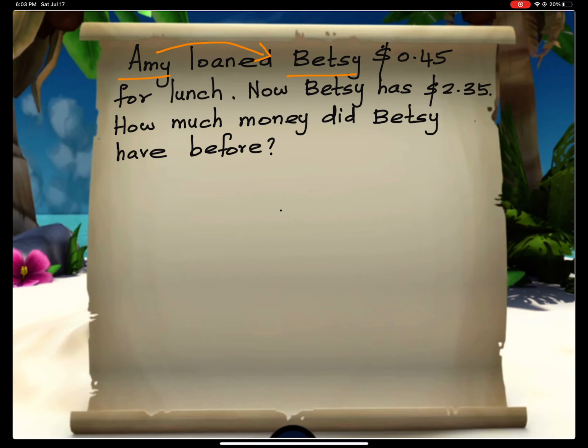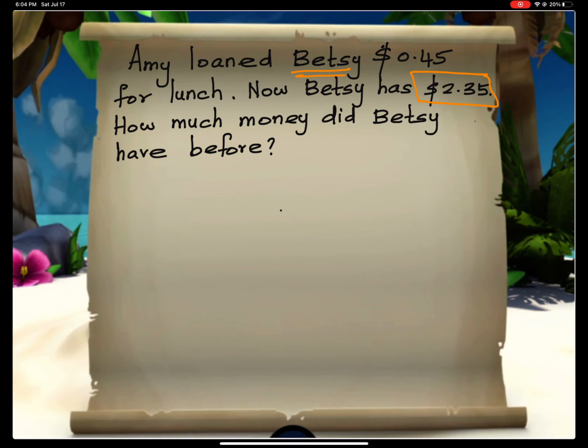So how much money did Amy give to Betsy? The amount of money that Amy gave to Betsy is $0.45. Now Betsy got the money from Amy, so now she has $2.35.